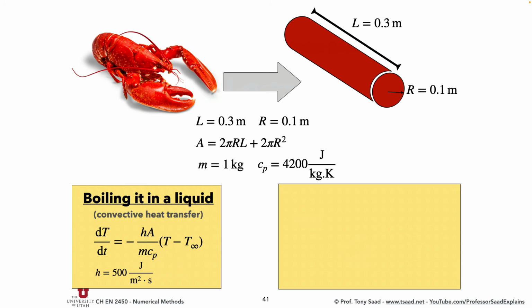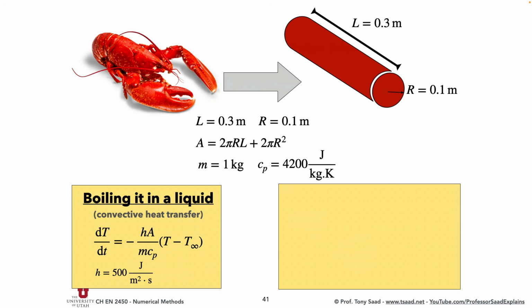Now the coefficients: there's the area of the lobster, that's A up there. There's the mass of the lobster, and the specific heat, how much heat capacity it has, how much it can contain. Then H. If you remember our heat transfer in a rod example, you saw this equation earlier when we were cooling or heating a rod. Now it comes again. That H is how effective the liquid is in passing its heat content to the lobster.